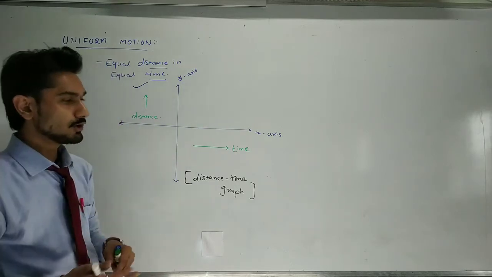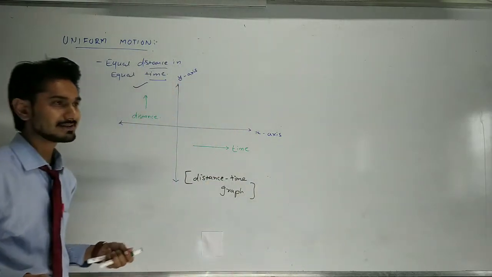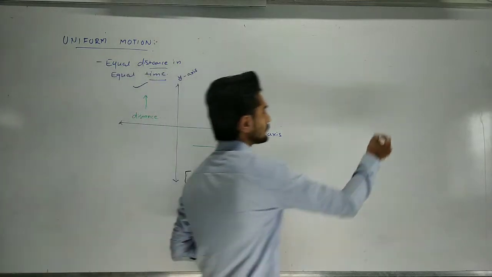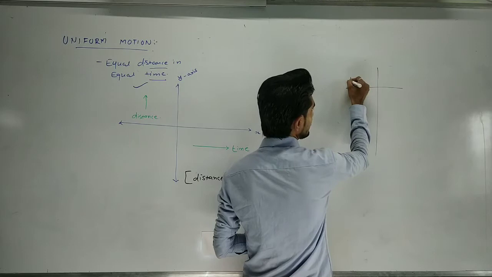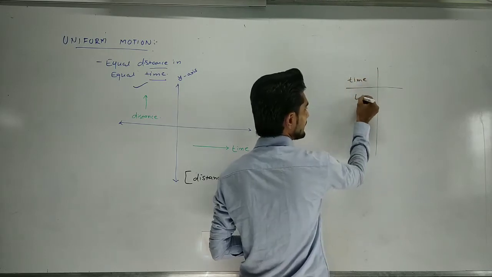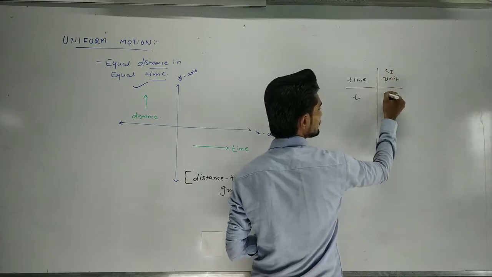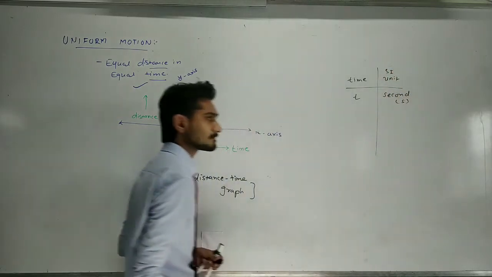Now I told you in the earlier lecture, each and every quantity must be represented based on its units. So time is defined by t and its SI unit is the second, defined as s.